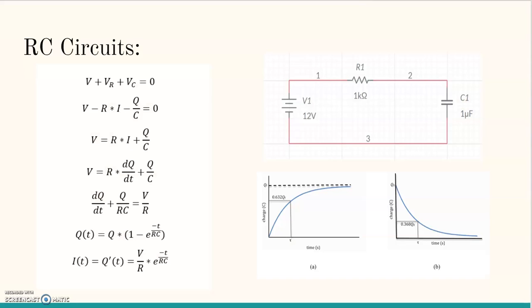As we can see in this circuit to the right, V1 is represented by just a V, the voltage across the resistor is R times I, and the voltage across the capacitor is represented as Q over C. We then solve for V, and I gets replaced by dq over dt, and then we rearrange the equation to get V over R. These two equations at the bottom are the differential equations.